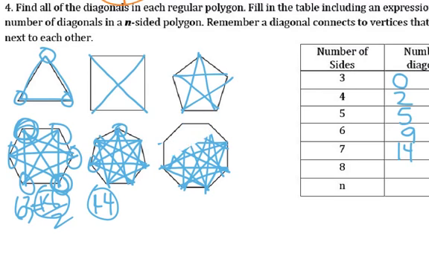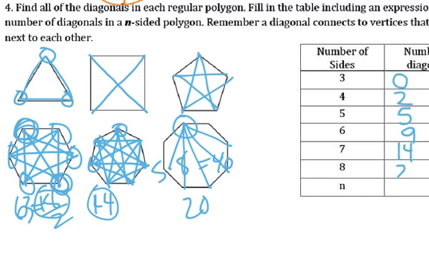Let's see, I'm not sure about that one. So we go 1, 2, 3, 4, 5. So each has 5. So 5 times 8 would give us 40, cut in half would be 20. So I was 1 off. I must have forgotten one.